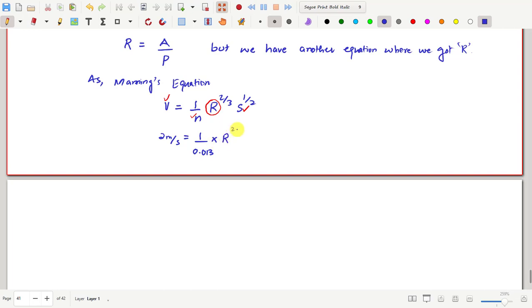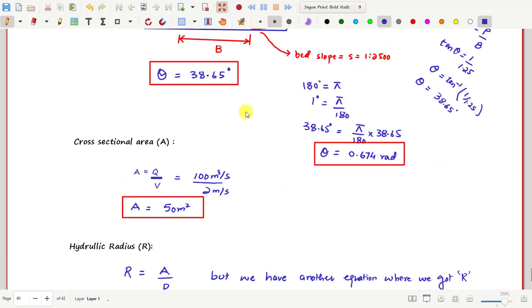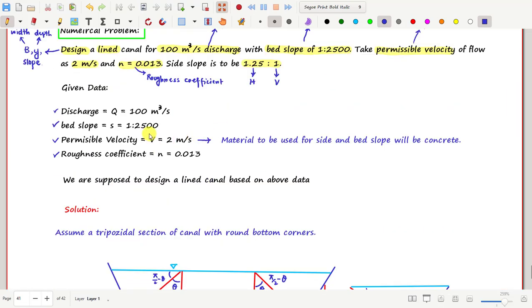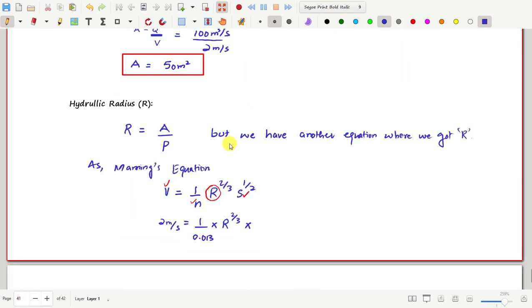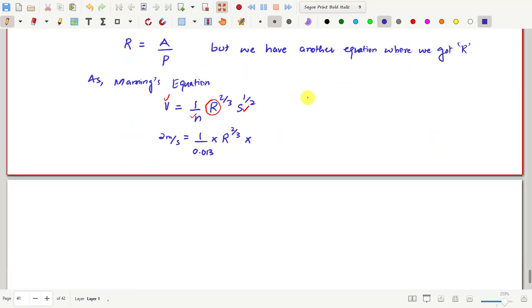Then multiply it with the bed slope. The bed slope given to us is 1:2500, S to the power 1 by 2.